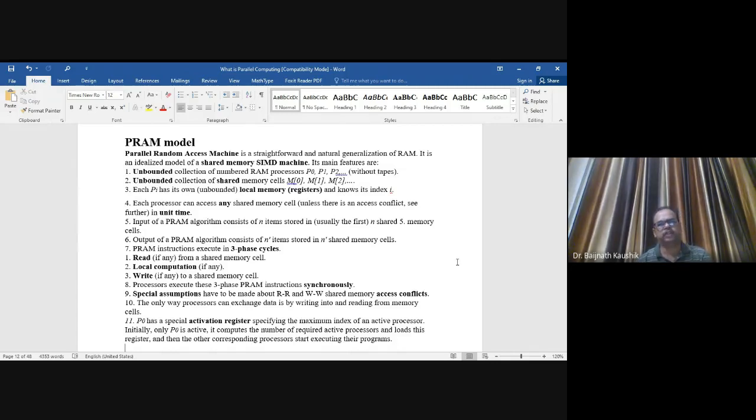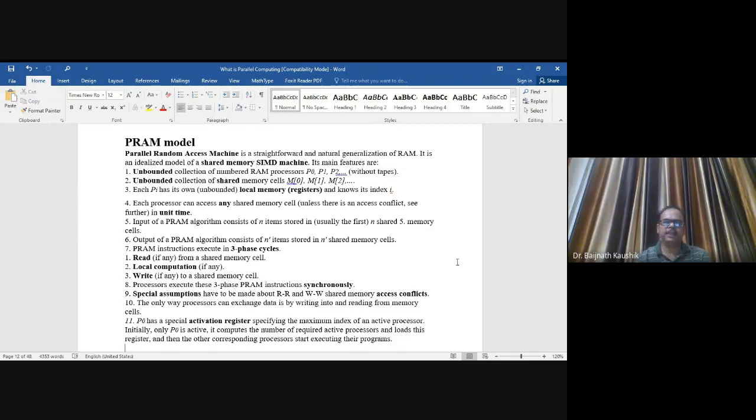It also consists of multiple memory locations denoted by M0 to Mn. Each processor has its own unbounded local memory, that is, registers, and each processor is denoted by its index, Pi. And we have already discussed that it consists of an unbounded collection of RAM processors P0 to Pp.